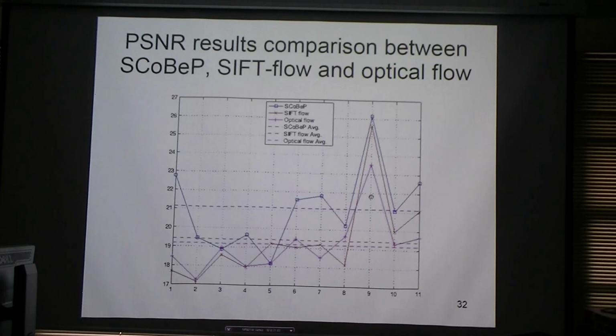Also here, I plot the SCoBeP, SIFT-flow, and optical flow results, and this one shows the average for each method.